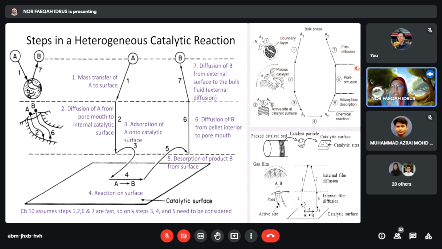Okay, so this is similar to the process in this diagram, and this diagram is actually similar to this one. It's the same. All the processes are for a porous catalyst.